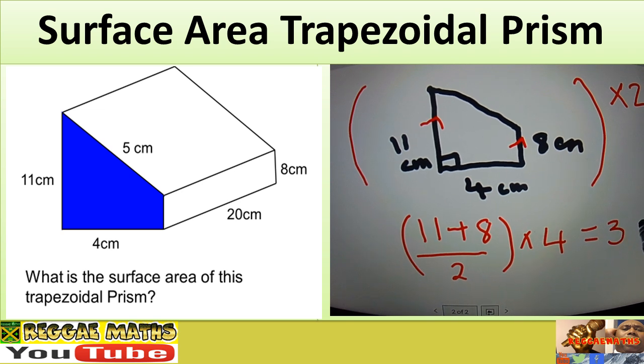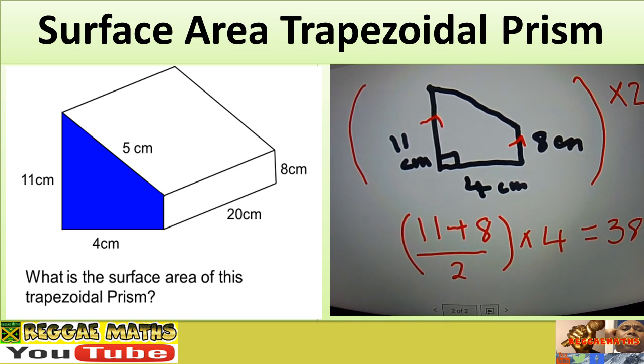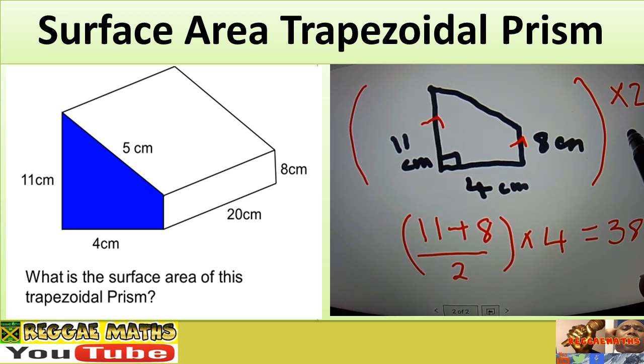So one of the trapezium is 38 centimeters squared. So I need to times that by 2. So the two trapezium is 76 centimeters squared.